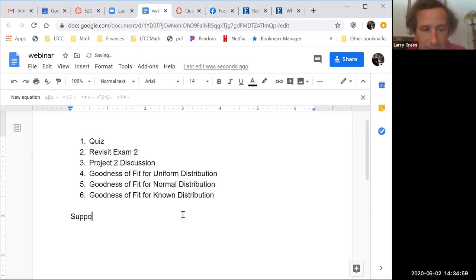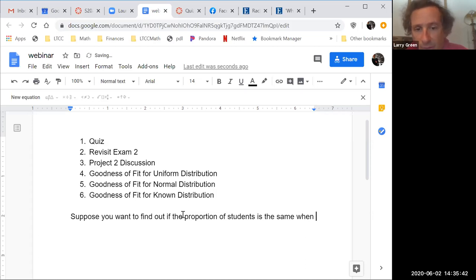Suppose you want to find out if the proportion of students is the same based on major when it comes to whether they get a bachelor's degree.